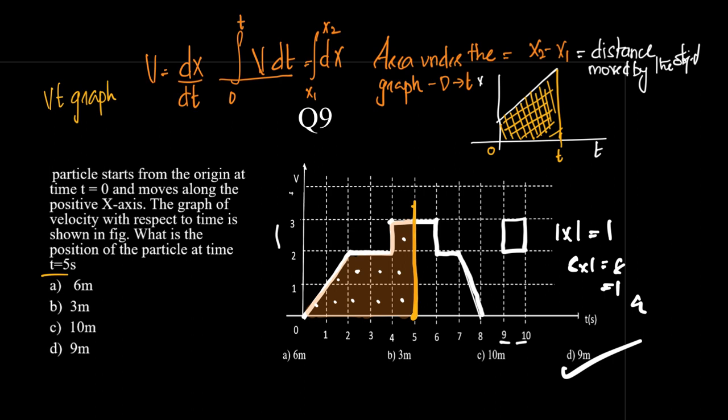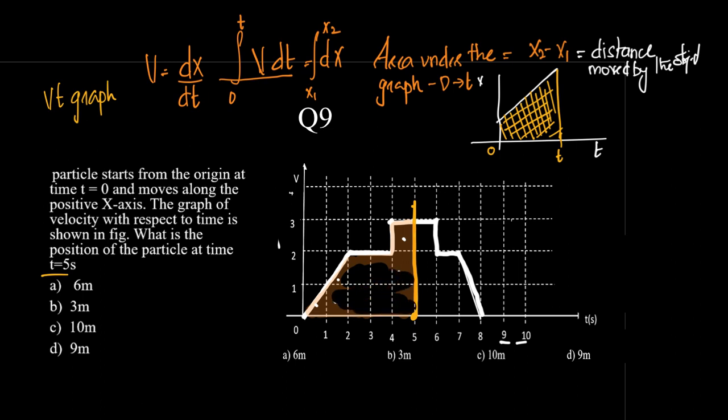But for those people who are here to understand, to make the subject very clear, let me explain the concept again very clearly. This is the graph which is given to us, and t equal to 5 is what we've been asked to find out.